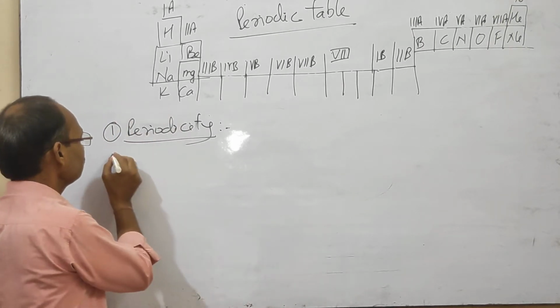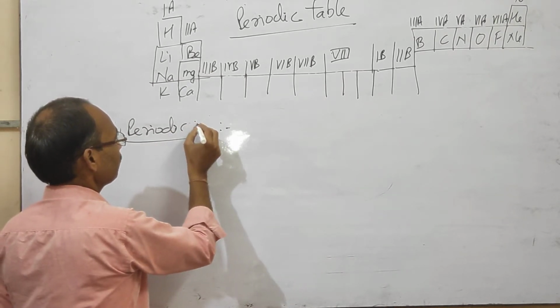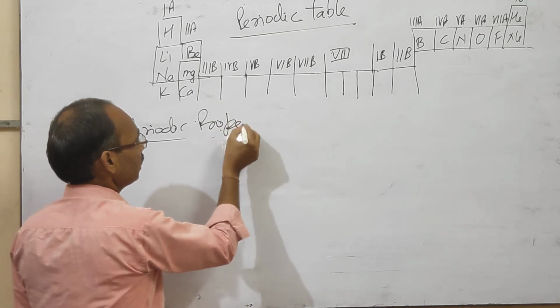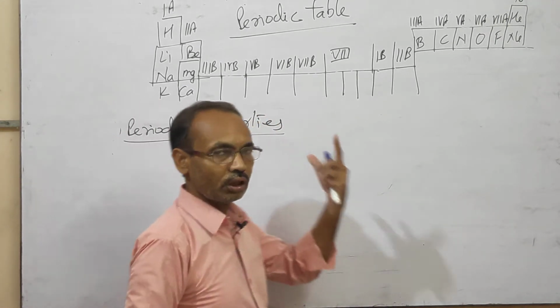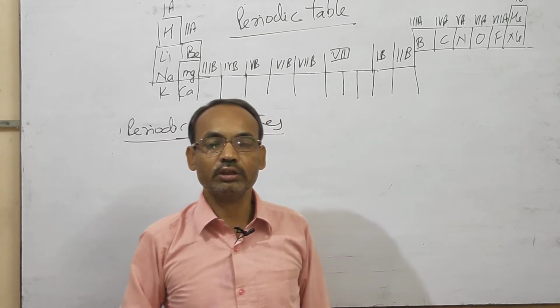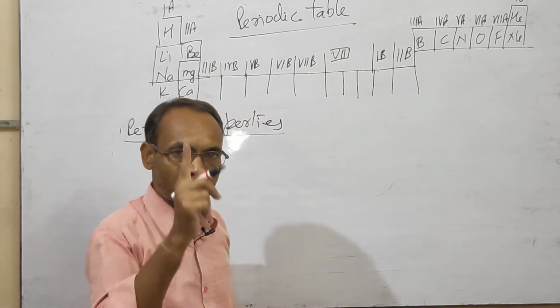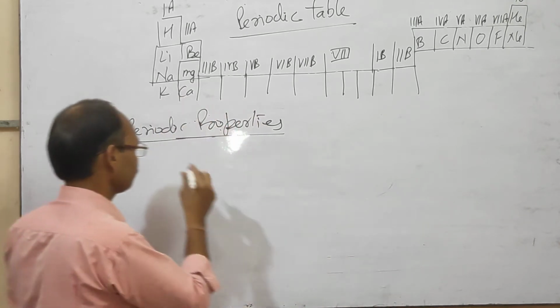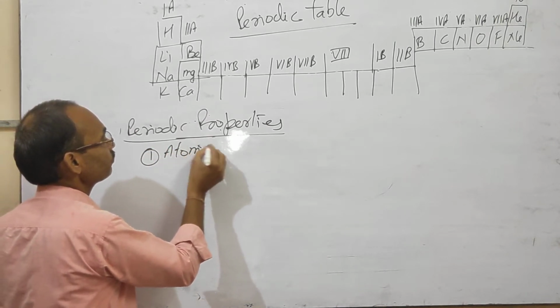First of all, the periodic properties. There are many periodic properties in which the properties of elements gradually increase or decrease one by one. Number 1, atomic size. The first periodic property is atomic size.